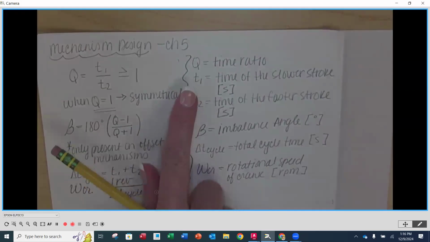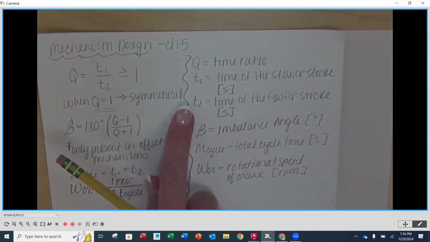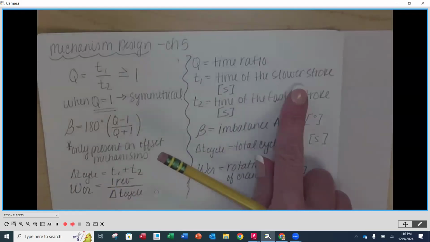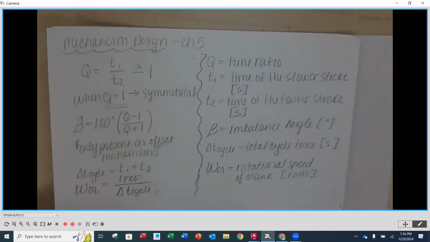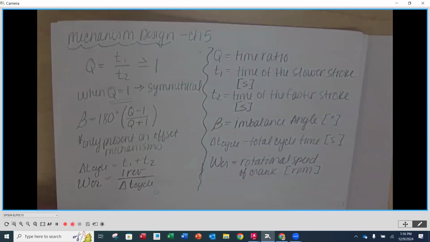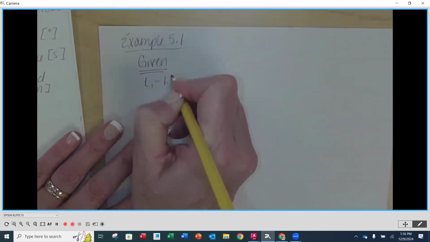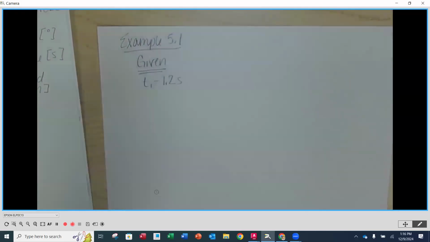So these two times, T1 and T2, are assigned to those values. T1 is always going to be the slower amount of time for the stroke. Comparing 1.2 to 0.8, the 1.2 is the slower. So we're given in this problem T1 equals 1.2 seconds.